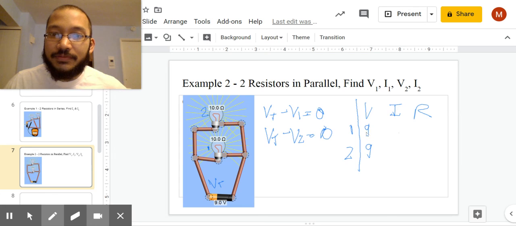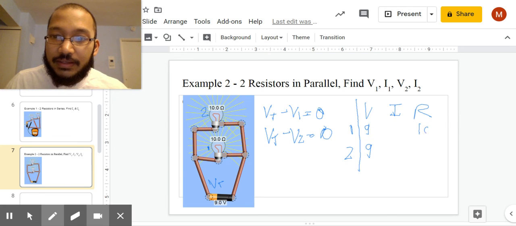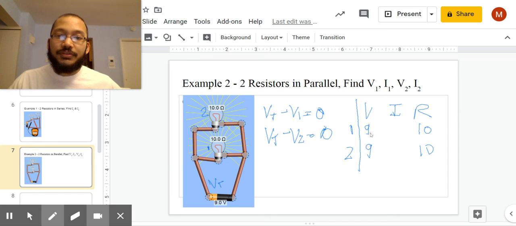Nice. Those are 9s. And I'm told in the diagram that the resistance is 10. So now I can use Ohm's law to finish this up. V equals I times R, so V over R is going to get me my I. So the current is 0.9, and it's 0.9 for both of them.